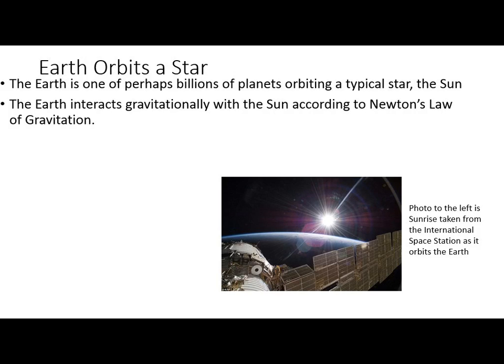Just to remind you, we talked about gravity in the physics chapter. We said, and you guys had this on your test, the force of gravity, F sub g, is equal to the gravitational constant times the masses of the two objects that are interacting, divided by the distance between those two objects squared.